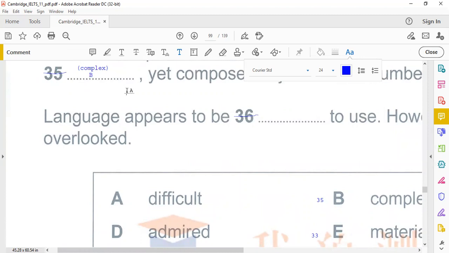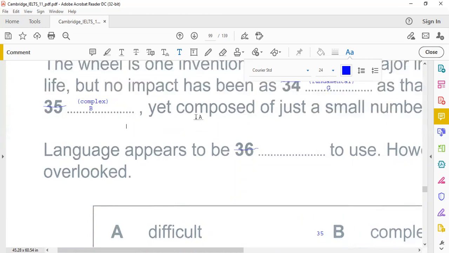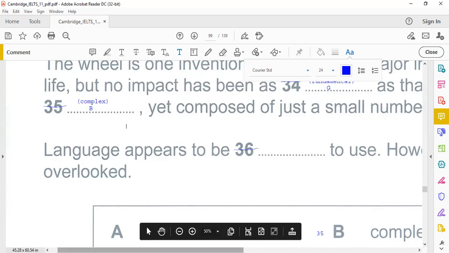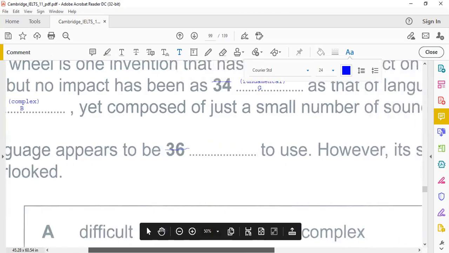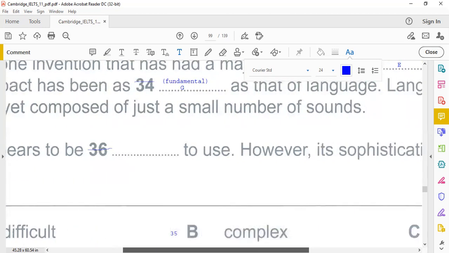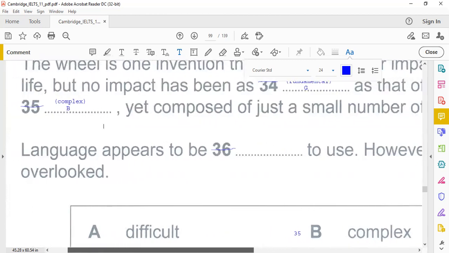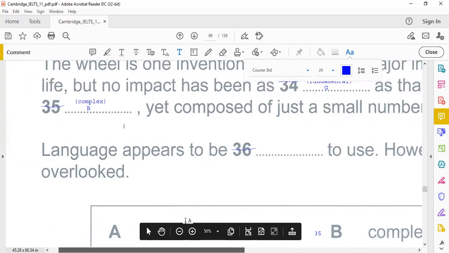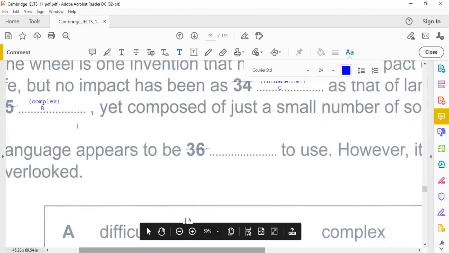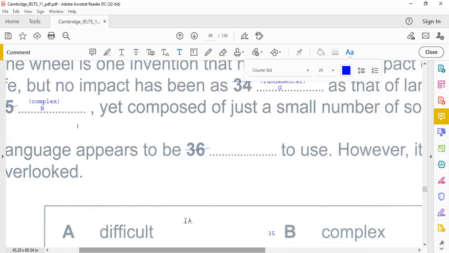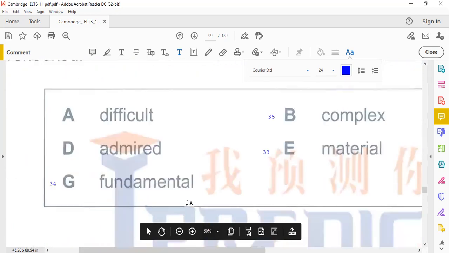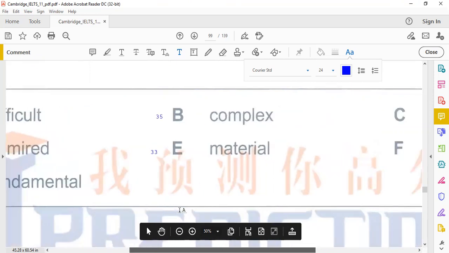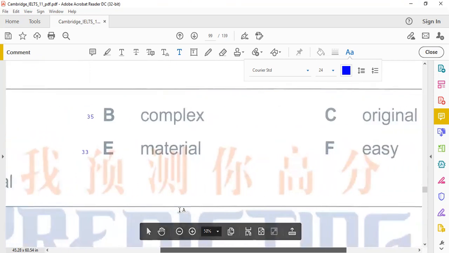And yet, composed of just a small number of sounds, language appears to be dash to use. Easy.